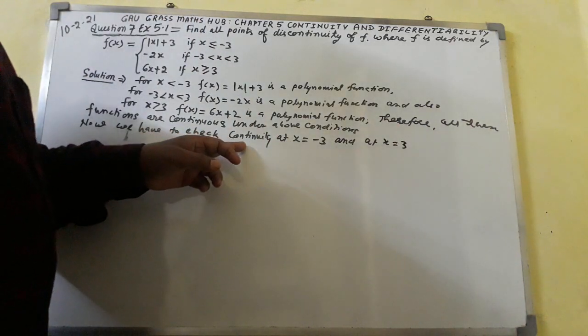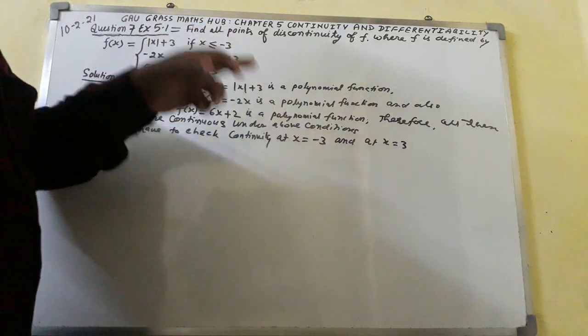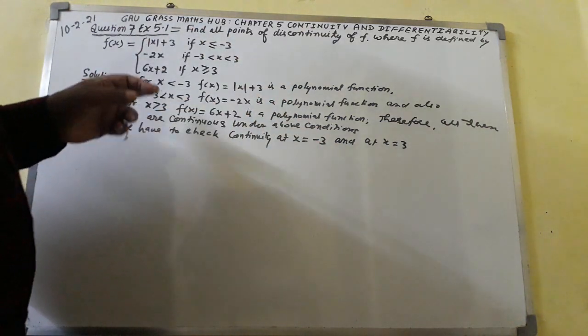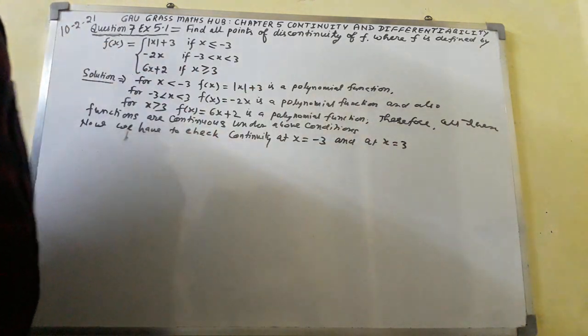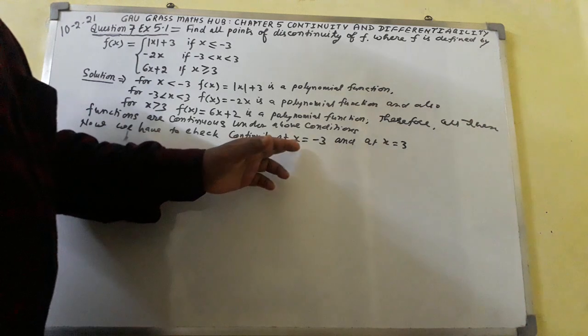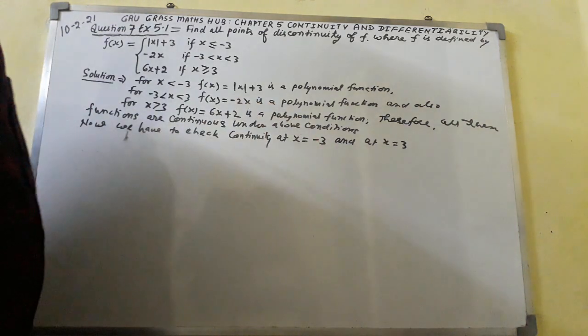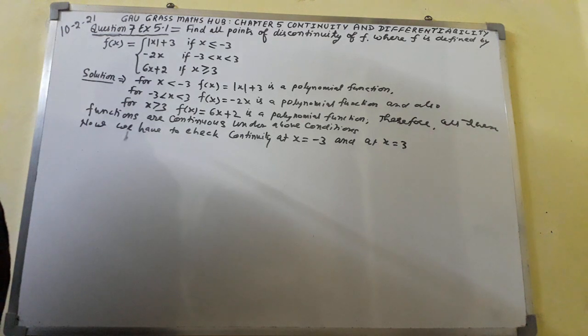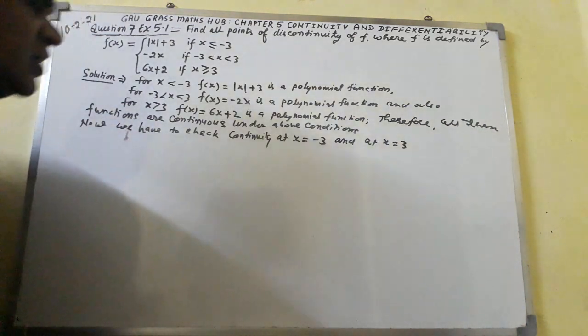We have to check continuity at x equal to minus 3, and also at x equal to 3. So first of all, I shall take x equal to minus 3 in order to check continuity of this function.